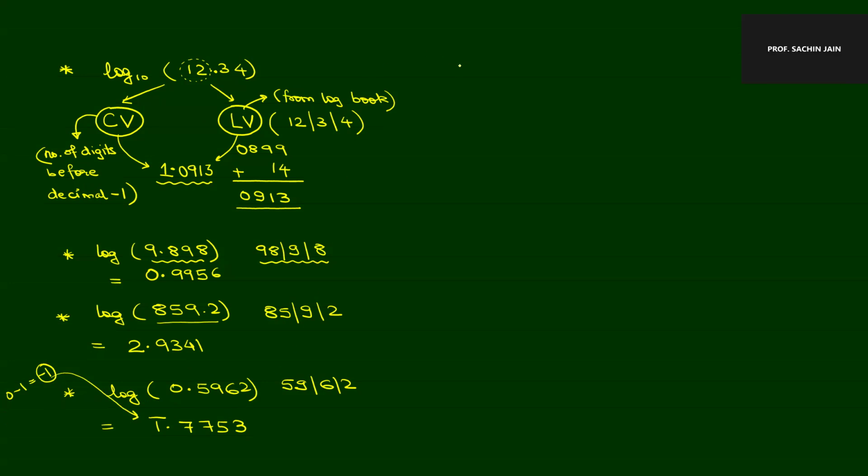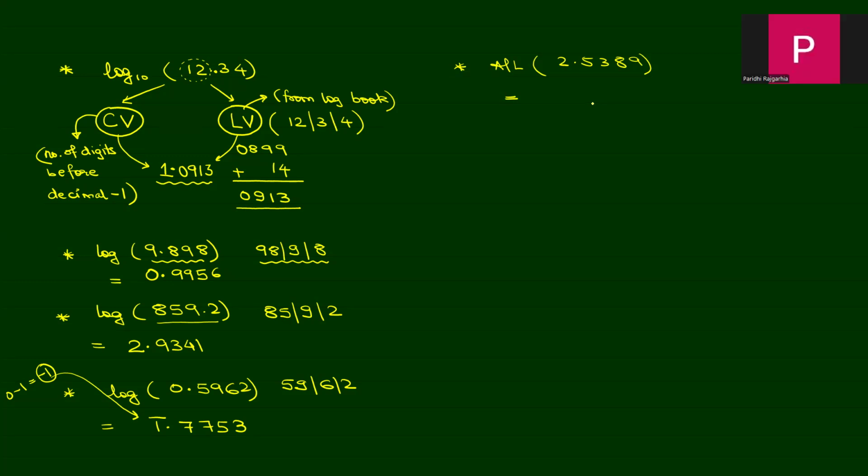Okay, so that completes the log. Now the antilog. Let's say I have to find the antilog of 2.5389. In antilog, first, what do we do with the number before the decimal? Increment by 1? No, that increment by 1 rule is only when there is antilog of a negative number. Is this a negative number?